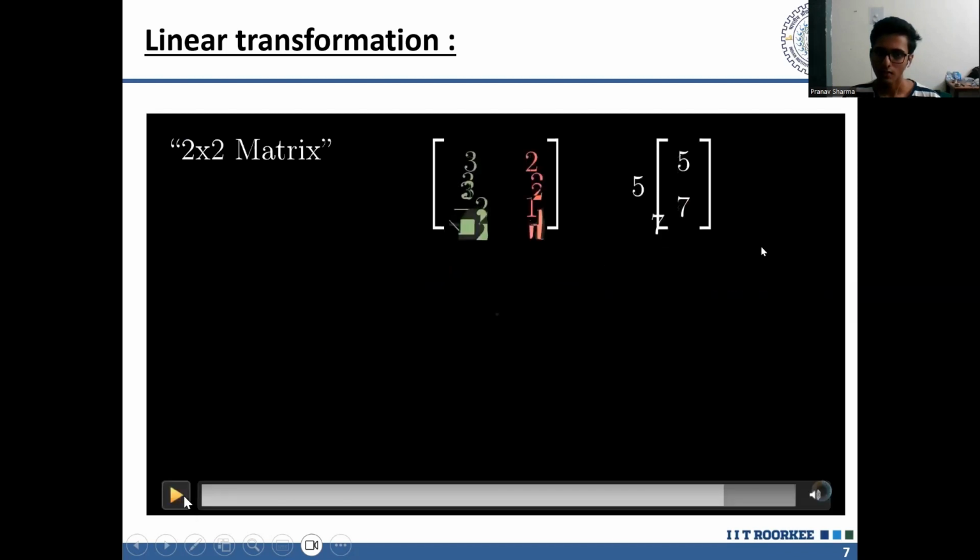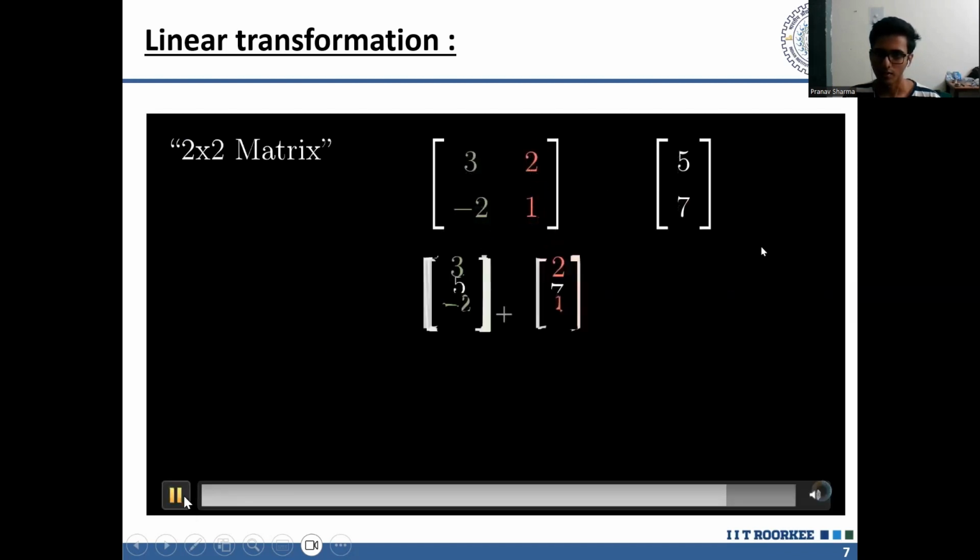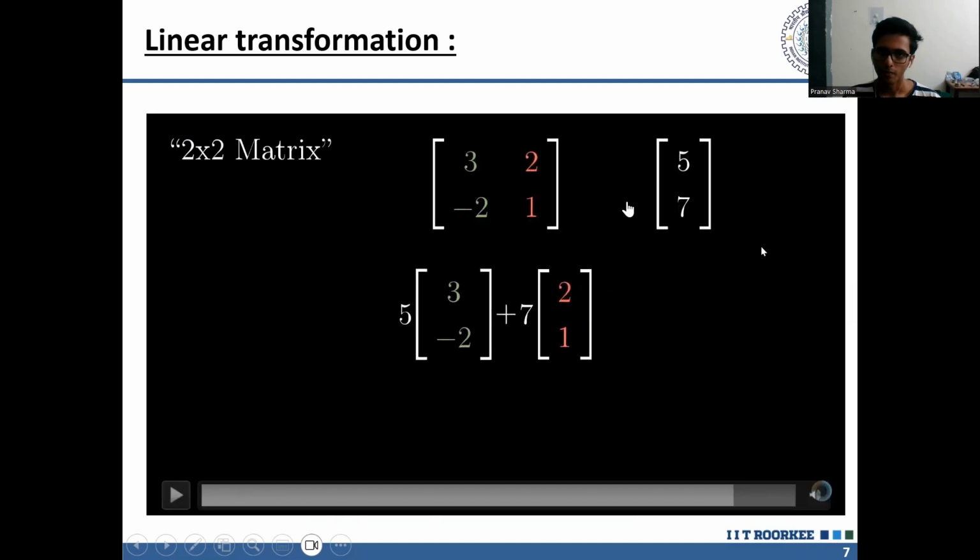So let's say any vector, for example 5 comma 7, when the transformation is applied to the vector, we can just simply multiply those columns with the coefficients and get the transformed vector.